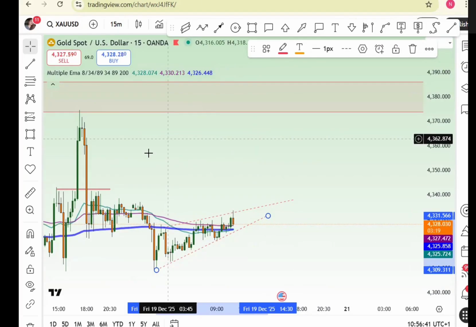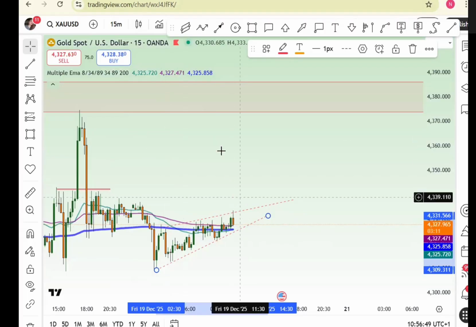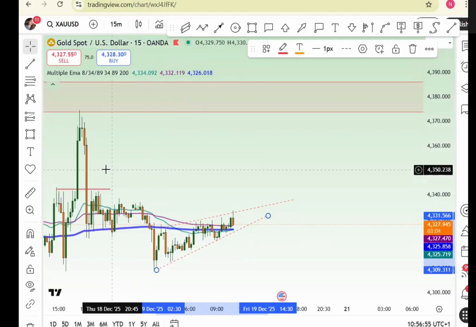And that is the first thing you need to identify, the market trend, to choose the correct direction when you decide to follow any buy or sell signal.